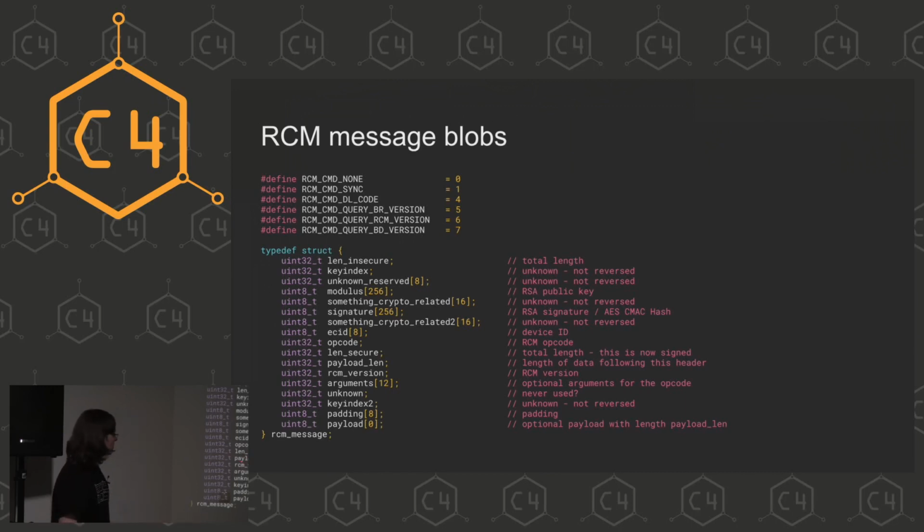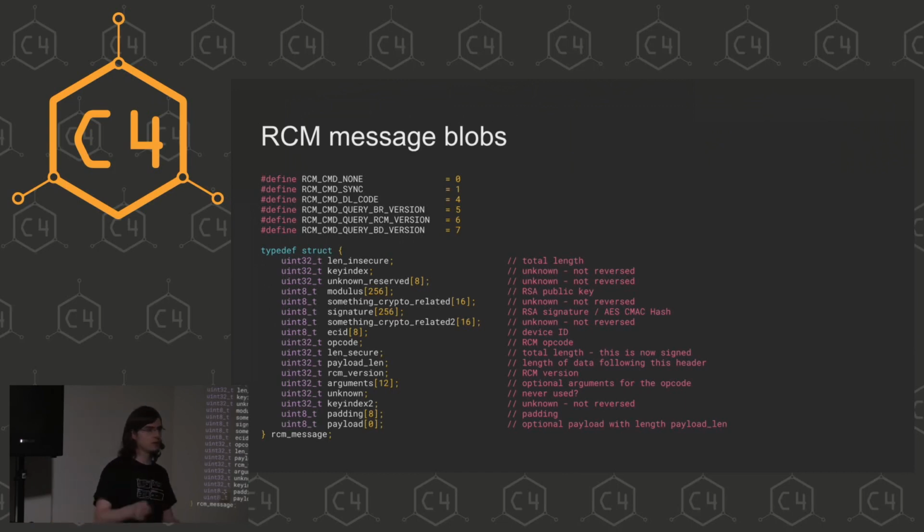Then there's a payload length. You can attach a payload down here. That is, for example, if you want to download code, that's the code that you want to download. And this is the length here. Then there is a version that needs to match one of these here. Some arguments that you can supply. For example, for download code, it's the address in the payload to jump to.